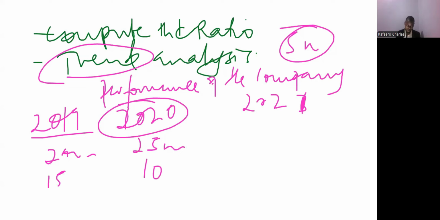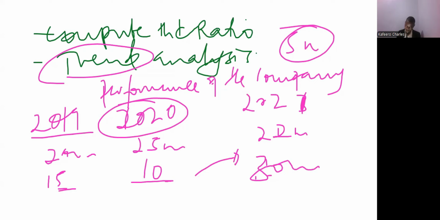So when someone talks about a trend, you look at the performance of the company this year in line with the different years. Maybe one year came to 22, and then it went back to 30 million. You'll see that in one year they performed better, then reduced, but again they rose. Here they increased, but here they went down.